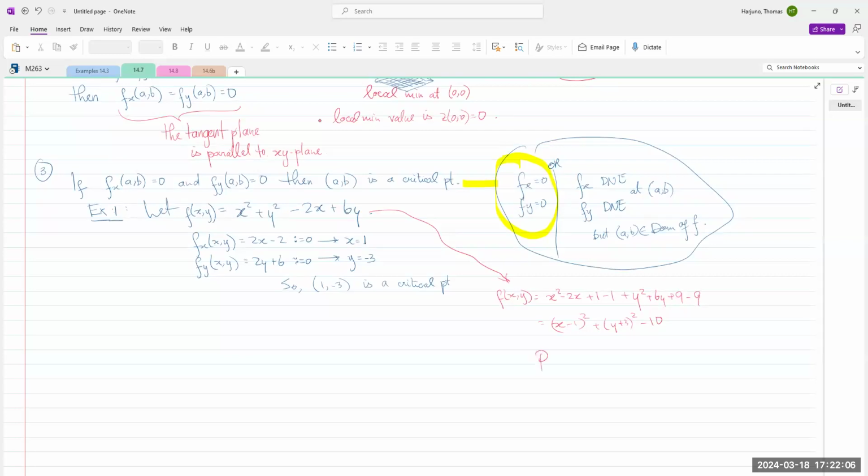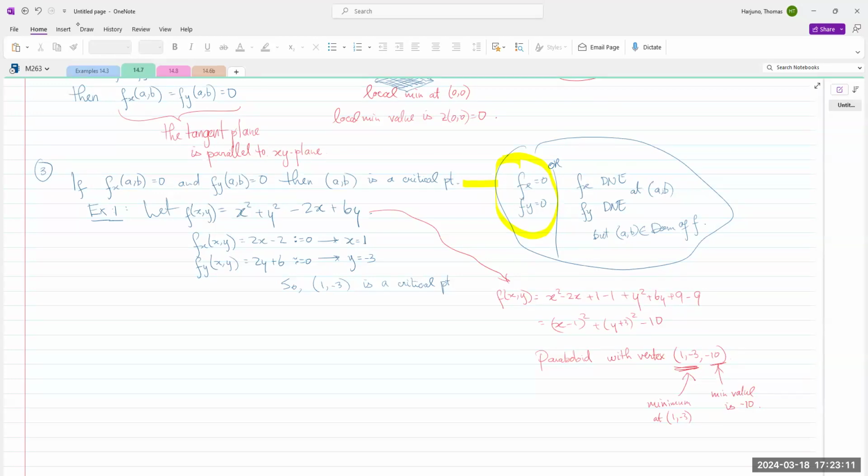This is a paraboloid with vertex at (1, -3, -10). It hits the minimum at (1, -3), and the minimum value is negative 10. But going back to our Calculus 3 method, at this point we can only say it's a critical point. We cannot tell yet if that critical point is a local maximum, local minimum, or something else.